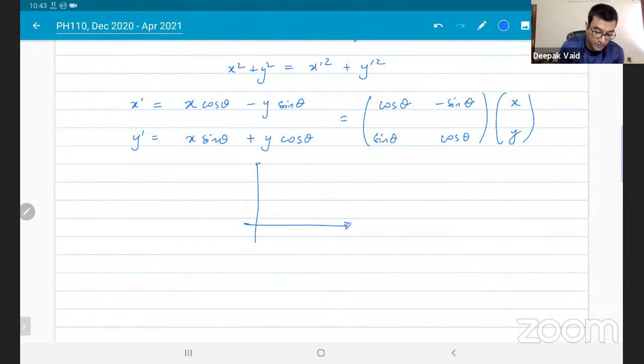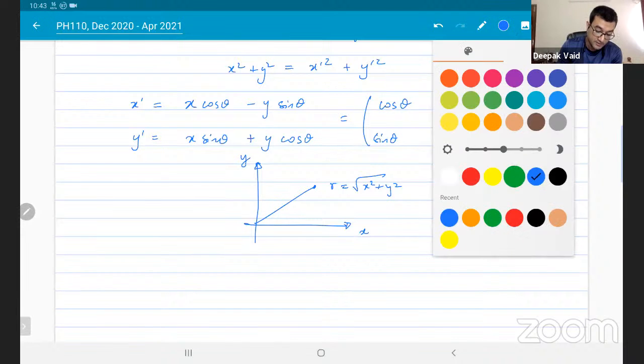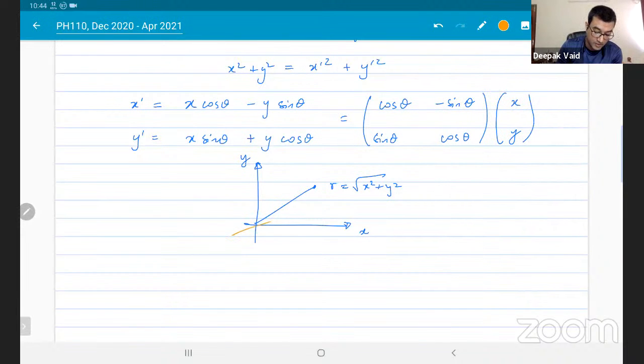So you have one set of coordinates x, y. In this set of coordinates, if you look at any vector, any point, the radius of that vector is x squared plus y squared. Now, if I perform a rotation of my coordinate axes, so I change to a different set of coordinates, x prime and y prime, what happens to the point R?